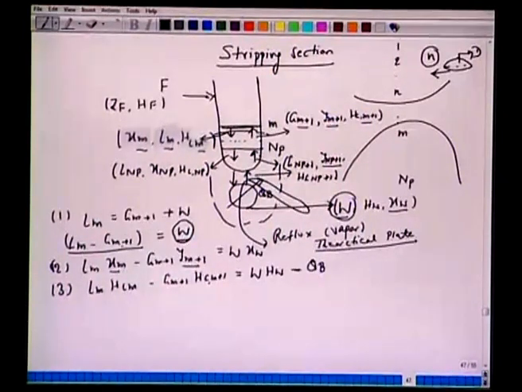Or you can bring this QB to the left hand side, to convince yourself that in this boiler, or reboiler, we are giving this energy QB. So this is our energy balance here. So we have a total balance, a species balance, and this energy balance. Every time we are writing the right hand side as a constant.